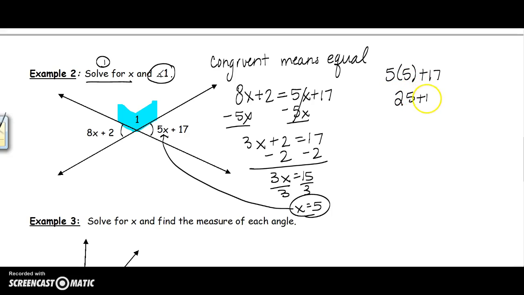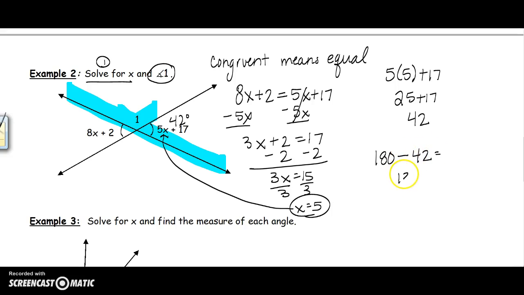So this is 25 plus 17, which gives you 42. This angle here is 42 degrees. Since it forms a straight line, the measure of angle 1 is going to be 180 degrees minus that 42. And that gives you 138 degrees. So the measure of angle 1 is 138 degrees.